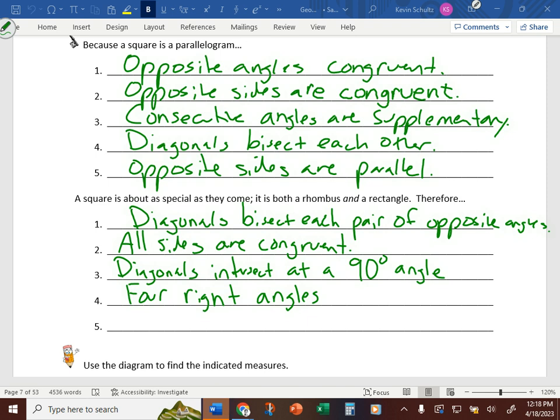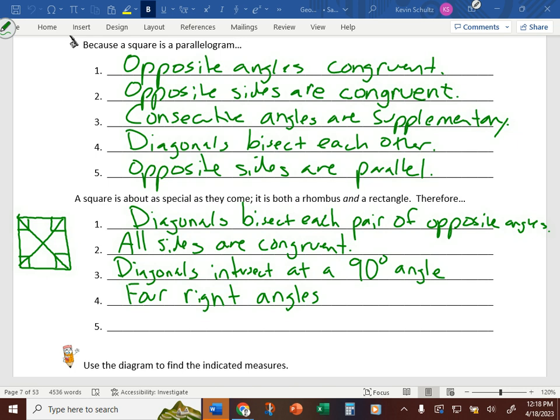Okay. I'm gonna stop us here for just a moment. When we talk about a square, we know it has 4 right angles in the corners, which means when you put the diagonals in, it creates 4 right triangles using those outer angles.